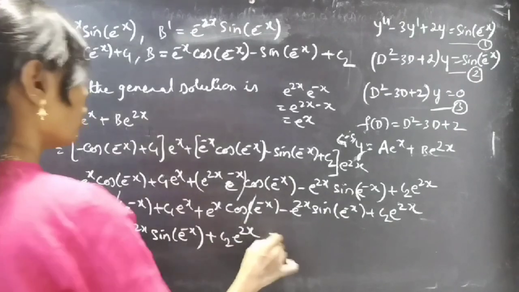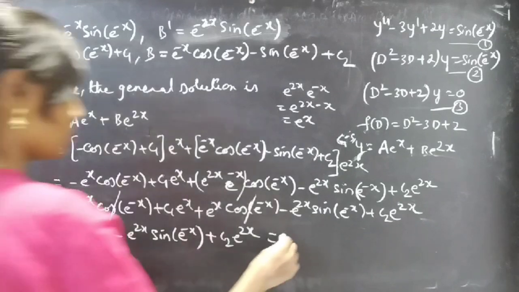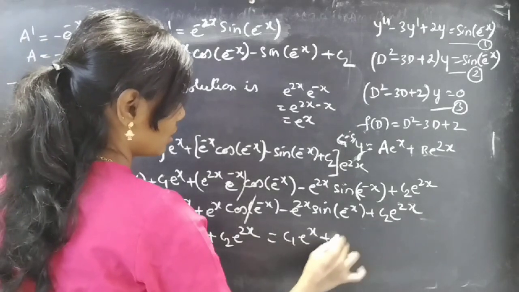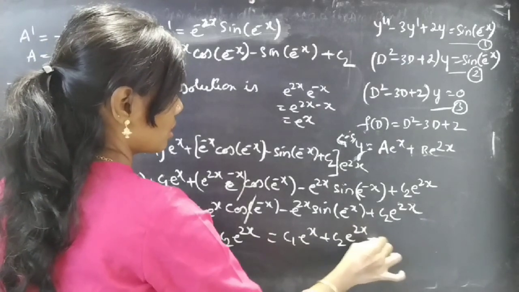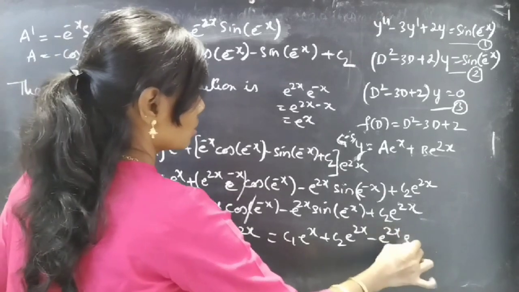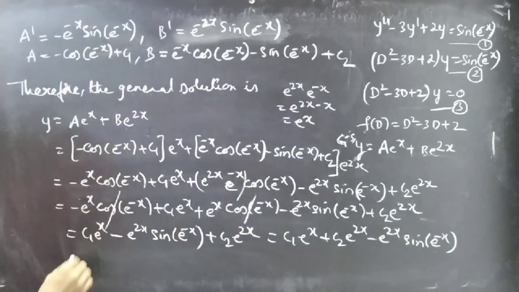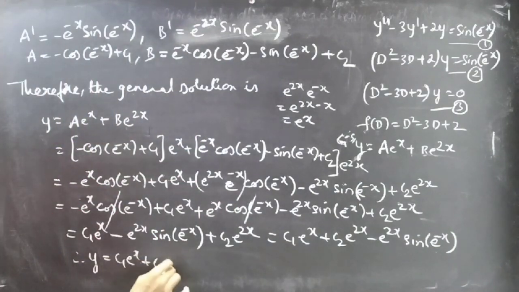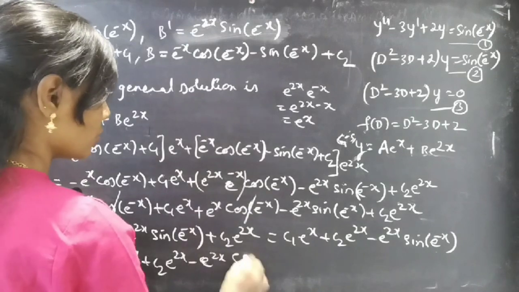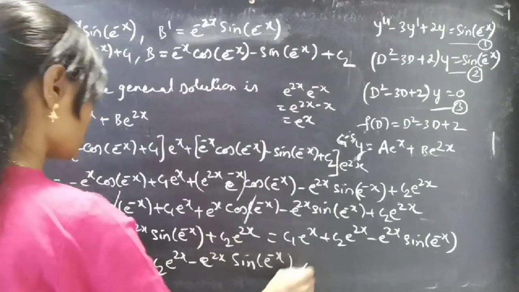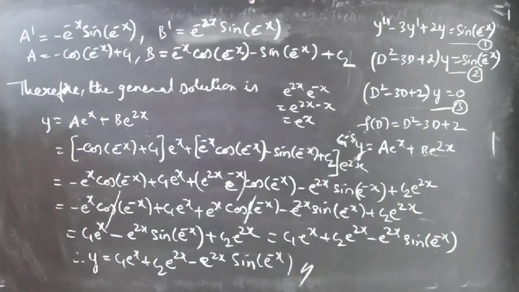This gives us, or we can write it as c1 e power x plus c2 e power 2x minus e power 2x into sine of e power minus x, which is the required solution. Therefore, y equal to c1 e power x plus c2 e power 2x minus e power 2x into sine of e power minus x is the required solution.